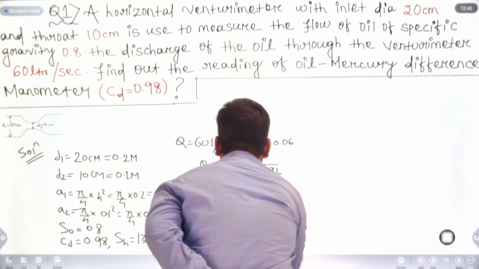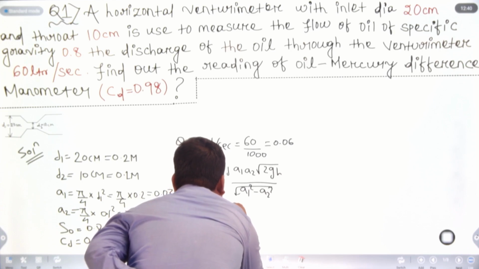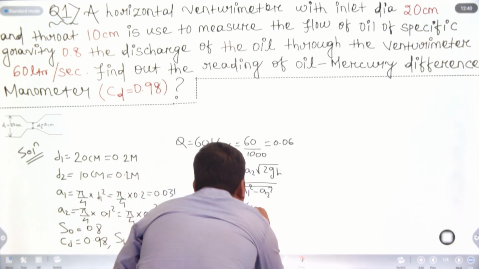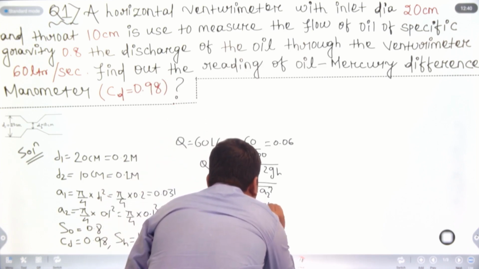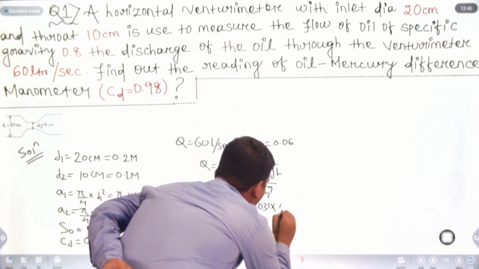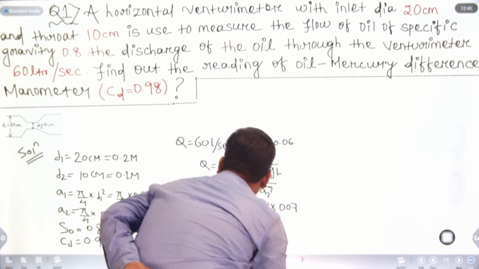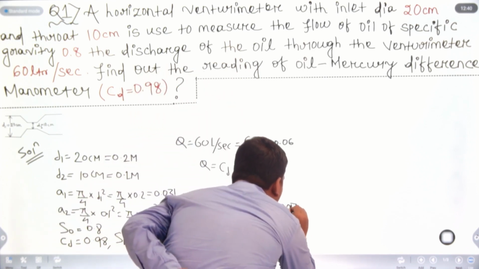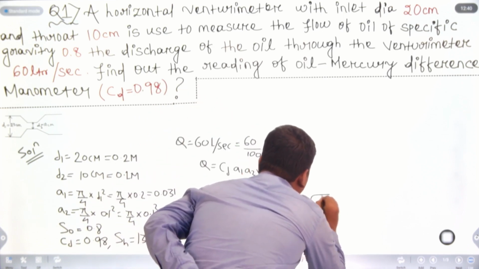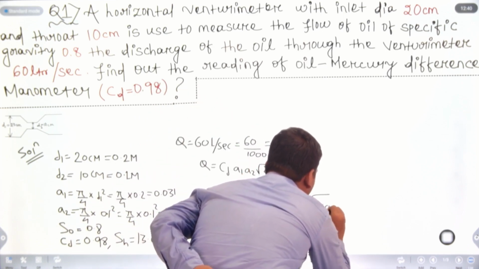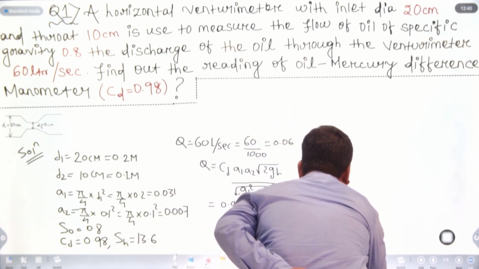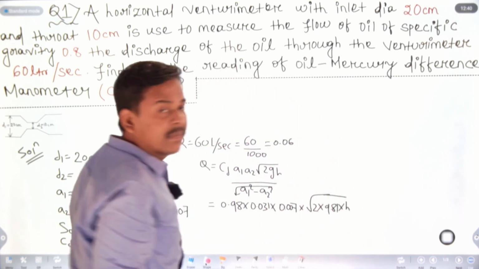Now putting the values, your Cd is equal to 0.98, your A1 is equal to 0.031, your A2 value is equal to 0.007, and we know that the g value is equal to 9.81, and your h is not given.